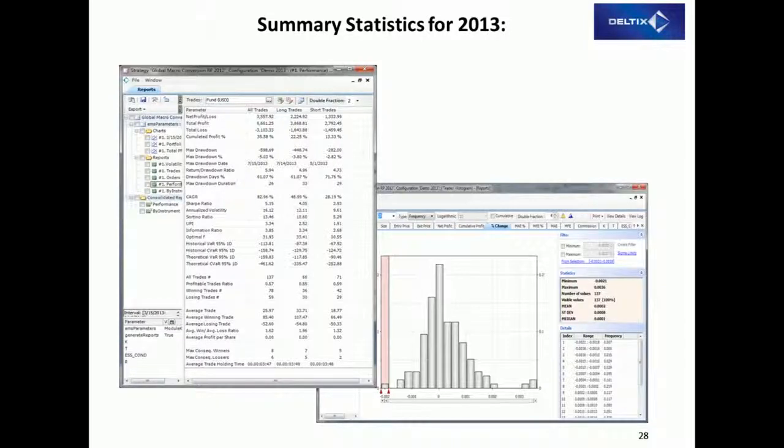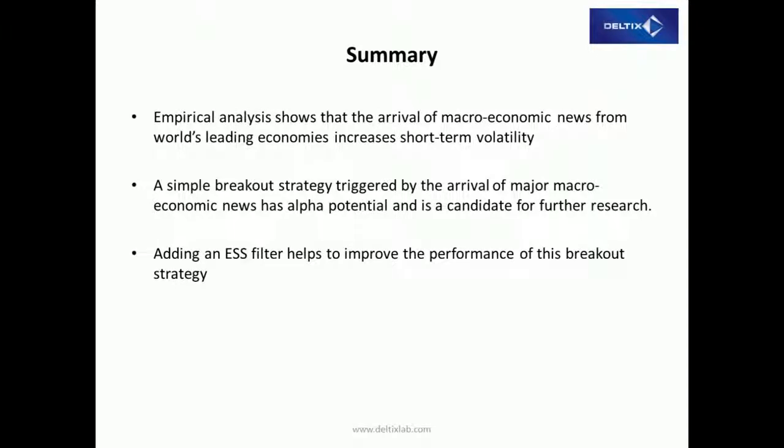We've got a story which I present to you: first of all, macroeconomic news definitely increases short-term volatility. Second, even a simple breakout strategy had some potential. It could definitely be enhanced if we apply risk and additional condiments. We maybe make a good dish out of it. And filters definitely helped improve the performance.